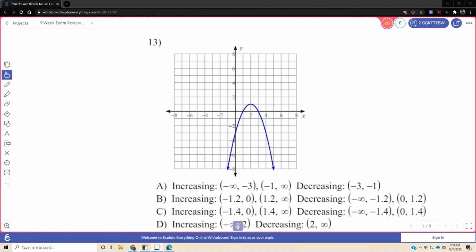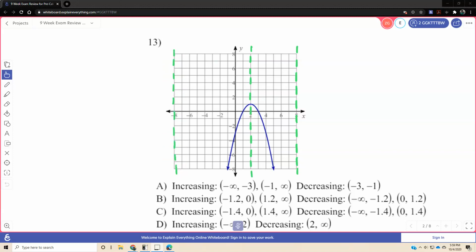For this problem, we're trying to find the increasing and decreasing. So what I'm going to do is I'm going to go ahead and break this into intervals, just like I've done before. And when you're doing intervals, you're always going from left to right.